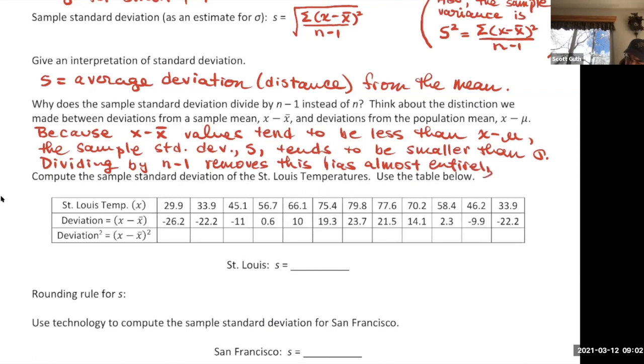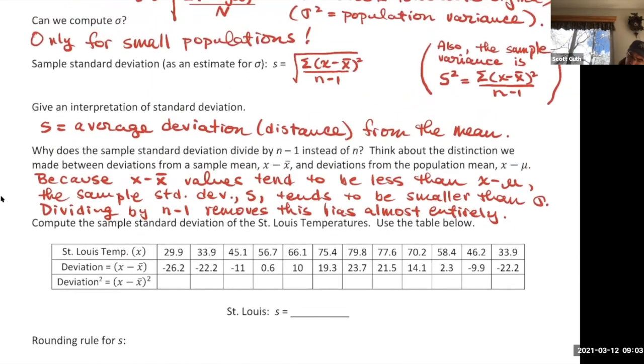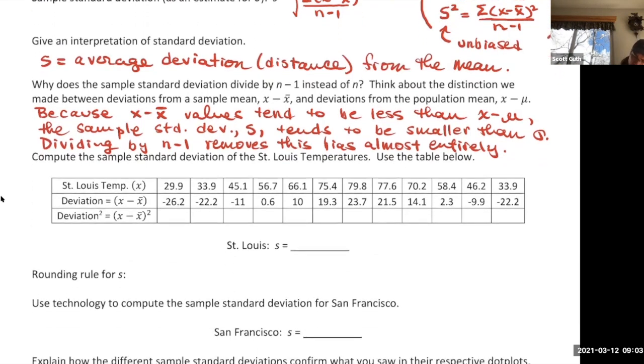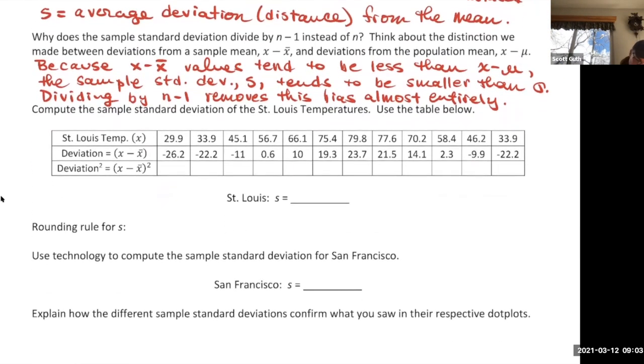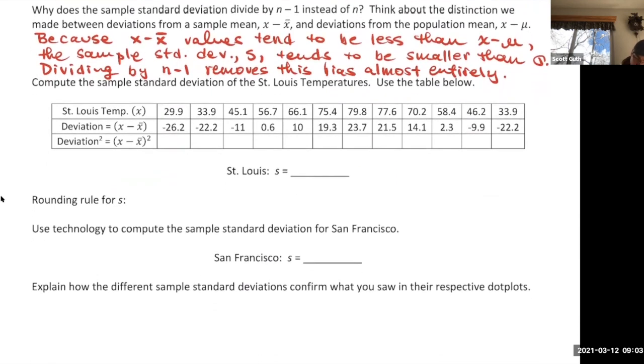I'll add that the sample variance up above, this one's an unbiased estimate of sigma squared. But taking the square root introduces another bias, so that's a long story. But so I say it's almost unbiased when you divide by n-1.